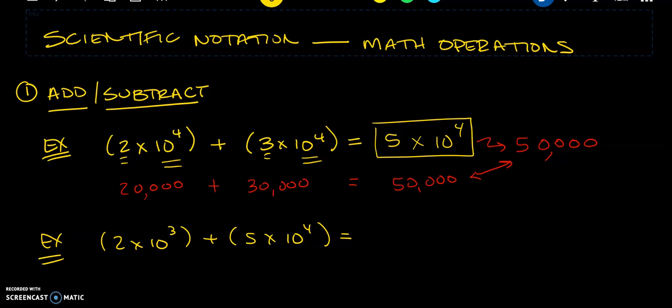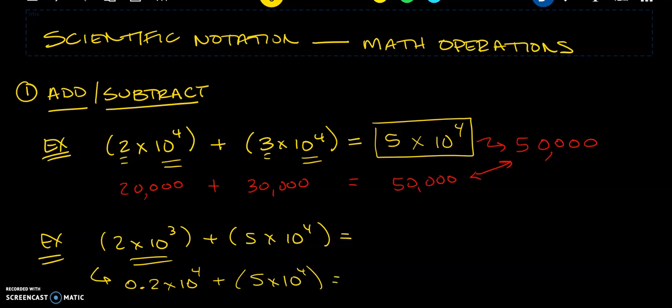But look at what happens in our next example. We have 2 times 10 to the 3rd plus 5 times 10 to the 4th. So in this case, we've got to rewrite something. What if we said this is 0.2 times 10 to the 4th plus 5 times 10 to the 4th?